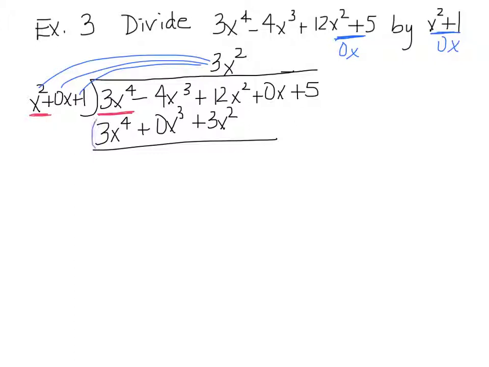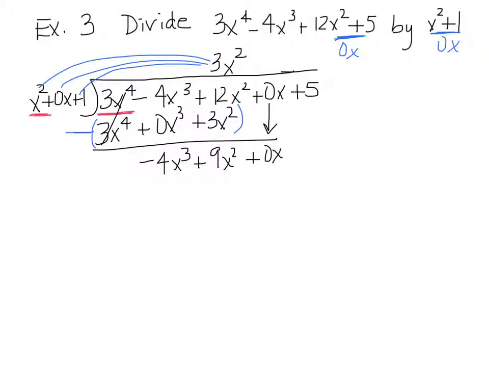Then I'm going to change or subtract. That's gone. Negative 4x cubed. 12 minus 3 is 9x squared. And then you bring down the next term.